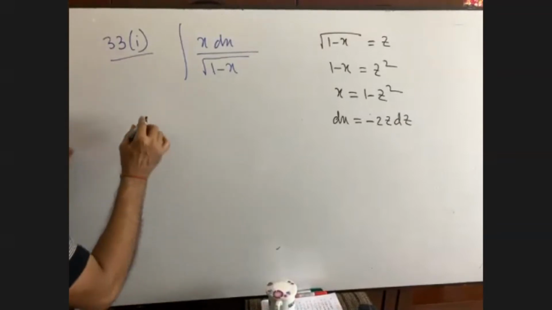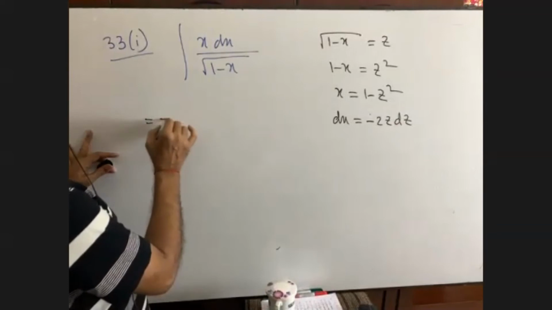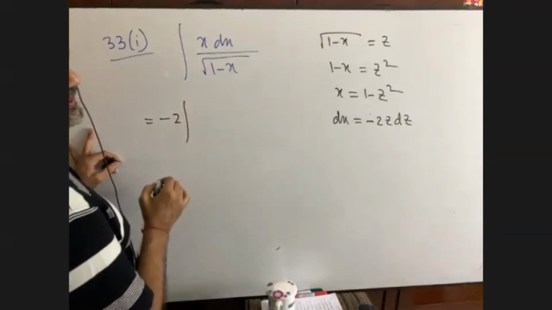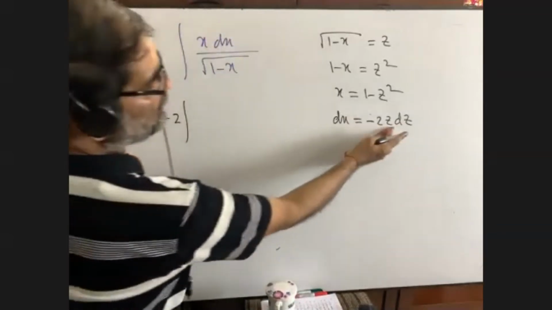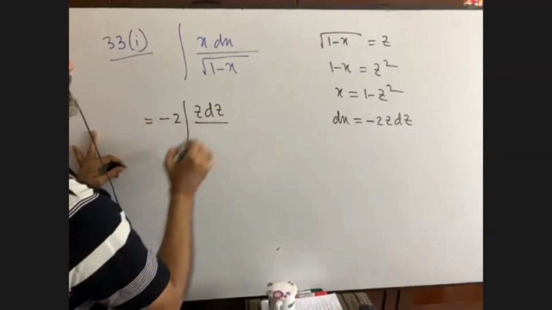Then what will you do? Write down minus 2. What is x dx? x dx is z dz.